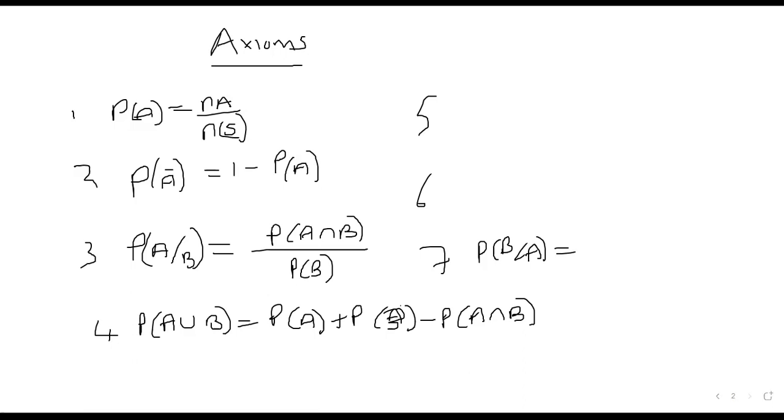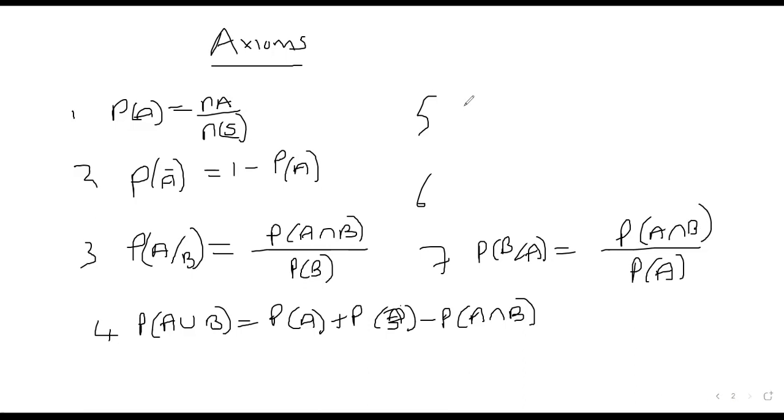B given A will go down, correct? A. Then we intersect the 2 letters. So here, A will come down here. And on top, we're going to have what? The probability of A intersection B. You see this pattern, this one comes down, they intersect, A intersection B, all together.